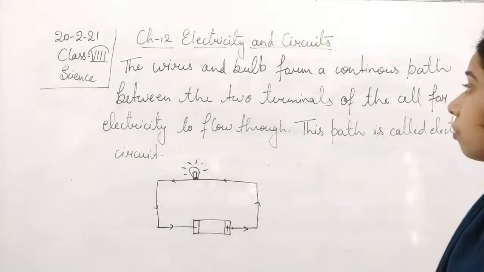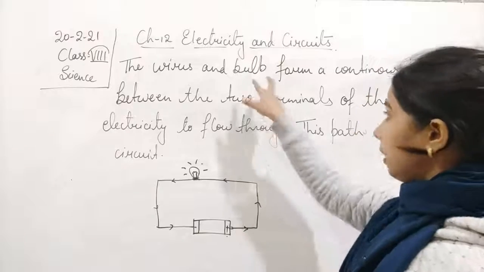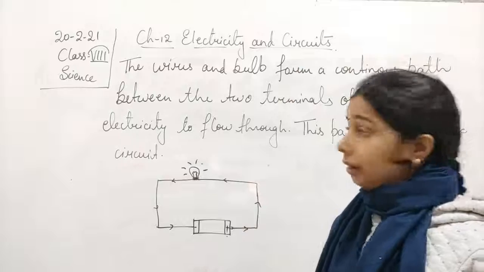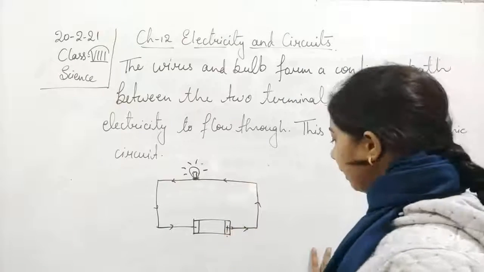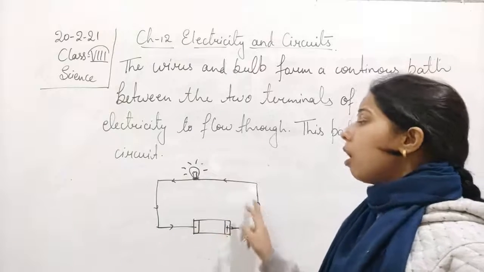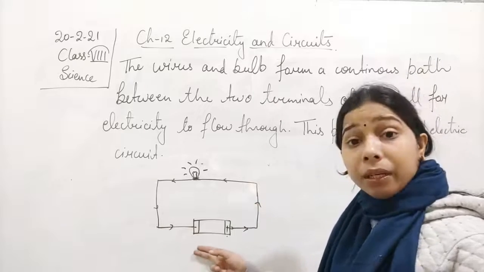So you see that here the wires are there, the bulb is there. This makes a continuous path between the two terminals of the cell, and the electricity flows along the wire to the bulb and finally comes back and completes it.